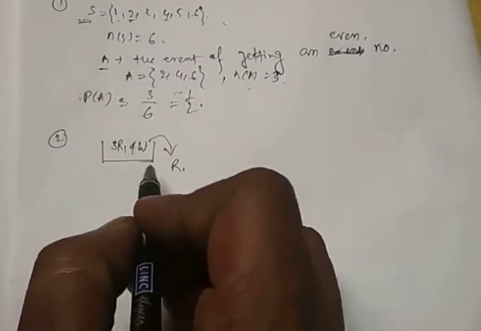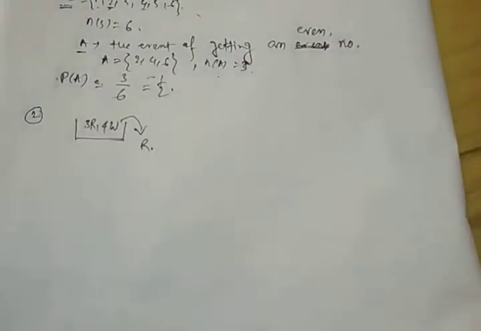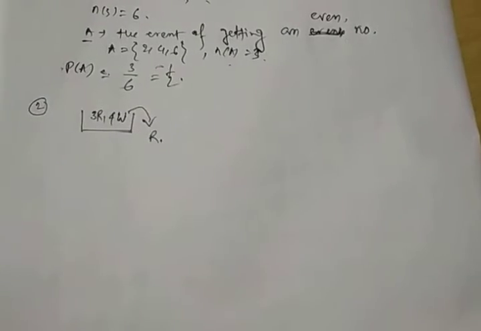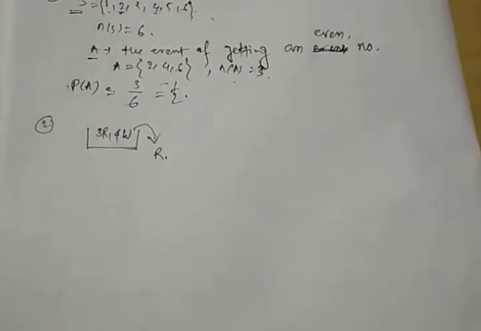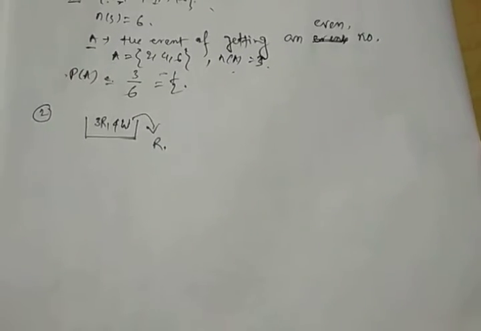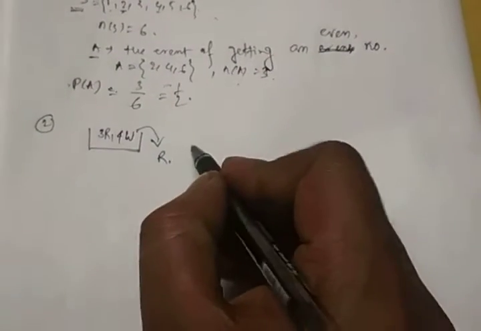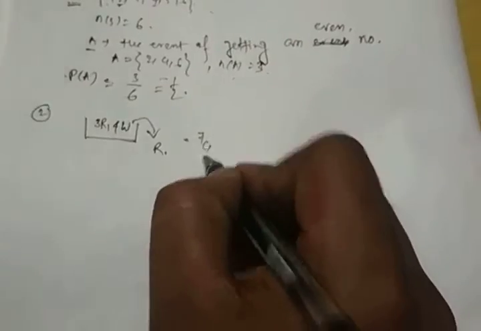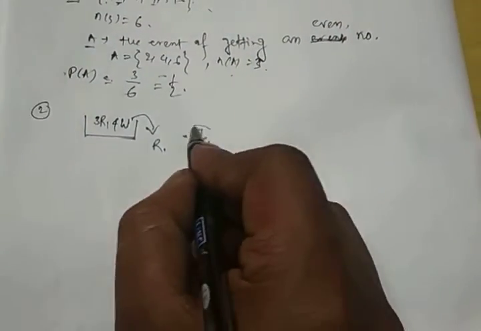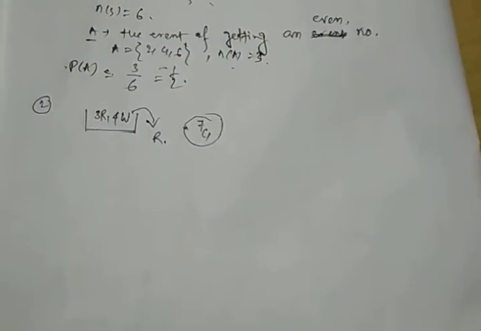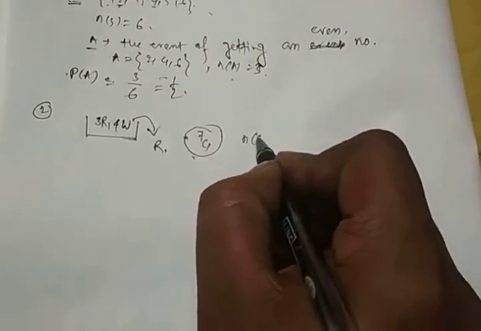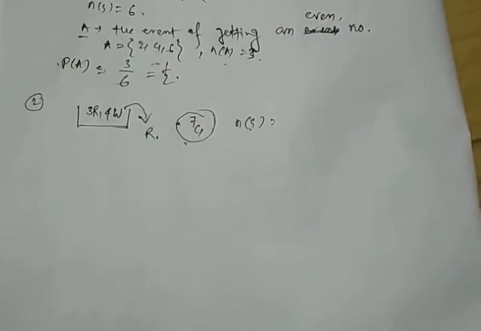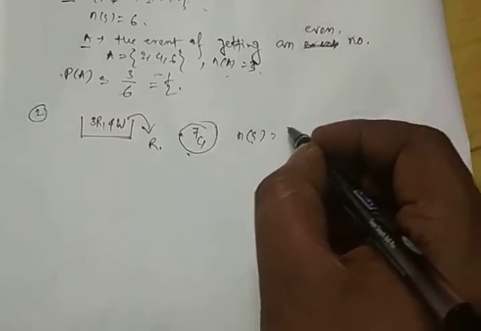So what will be the total number of outcomes? As there are 7 balls and we have to take 1 ball randomly, the number of choices is 7C1, which will be the total outcomes. So the number of S, the sample space, will be 7C1.